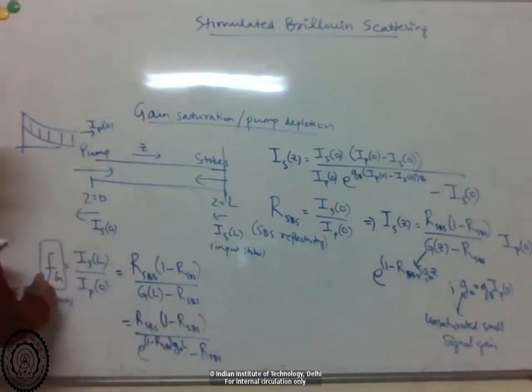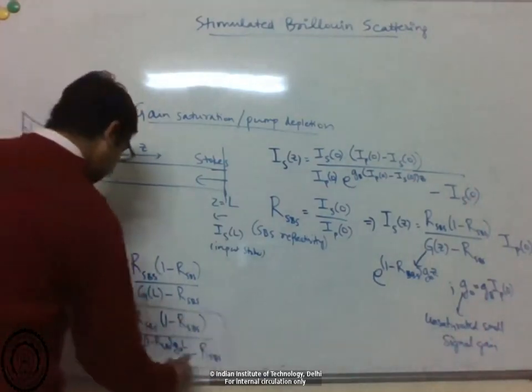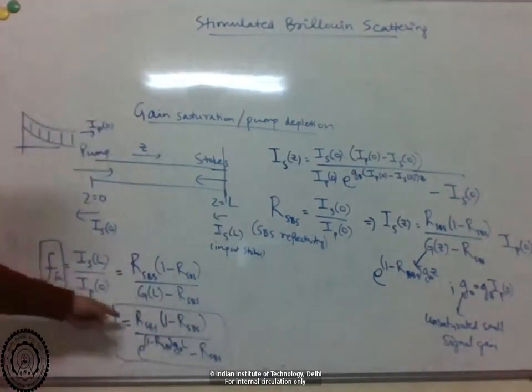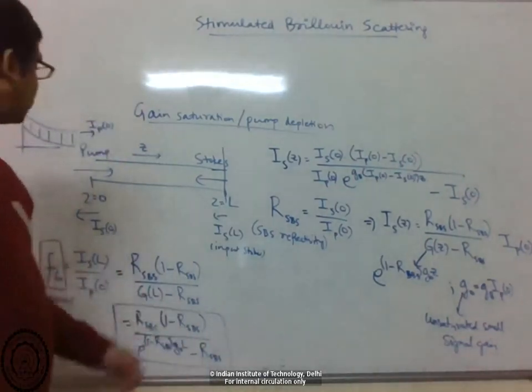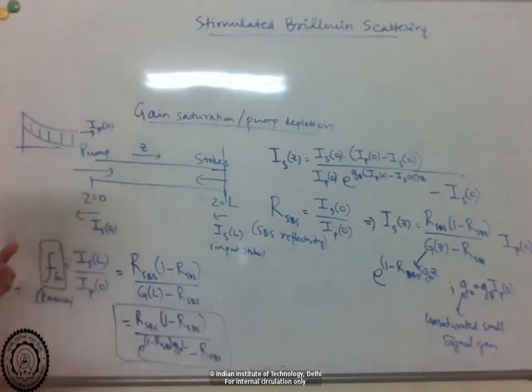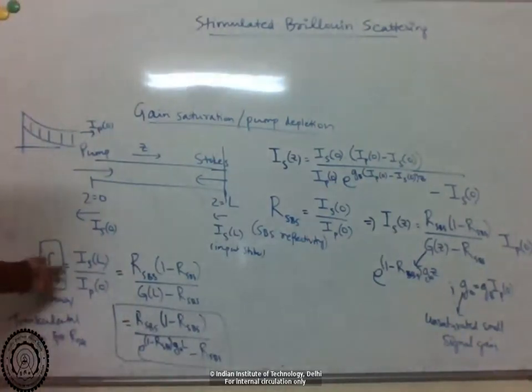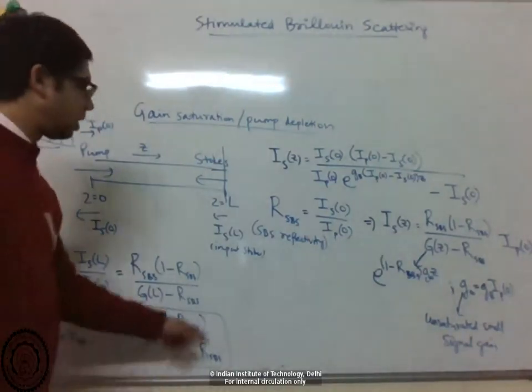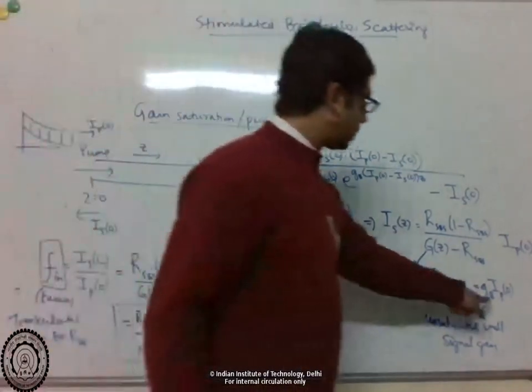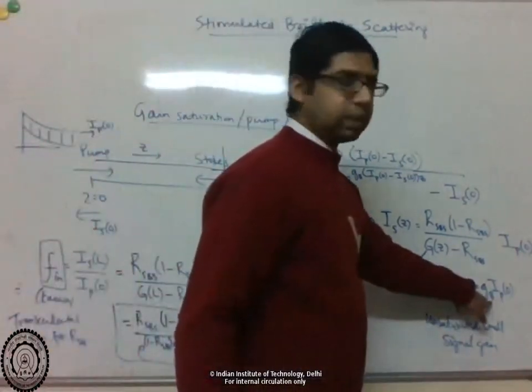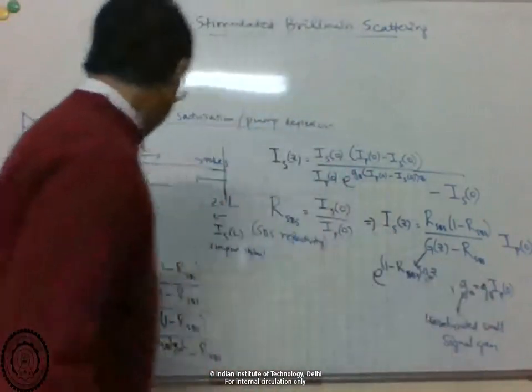Okay, so I know this F in, and the unknown on the right hand side is this RSBS, right? The SBS reflectivity. So this is a transcendental equation. So I know F in, I know G naught, because that's just the Brillouin gain factor, which is the material property times input pump intensity.